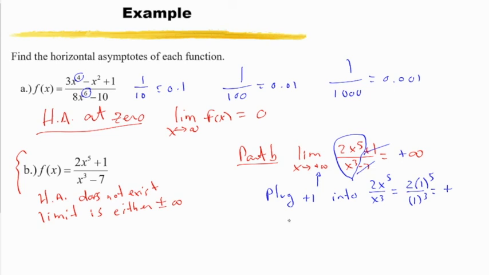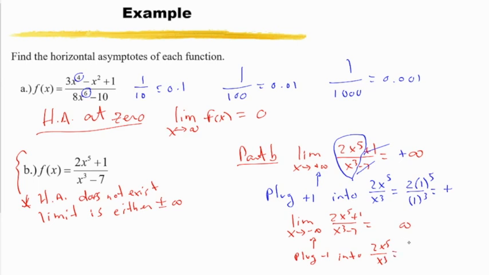If I go back to this and say, well, what if I wanted to see the limit as x goes to negative infinity for 2x to the 5th plus 1 over x cubed minus 7. Again, we know it's going to be some form of infinity because the horizontal asymptote doesn't exist. It's either plus or minus infinity. So since we're going to negative infinity, let's plug in negative 1 into the two lead terms.